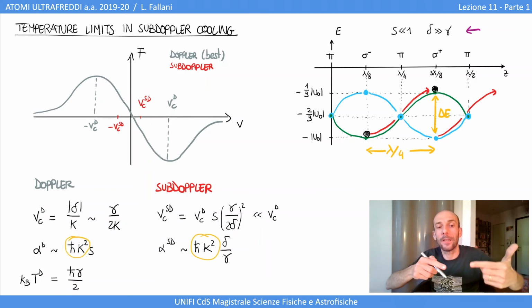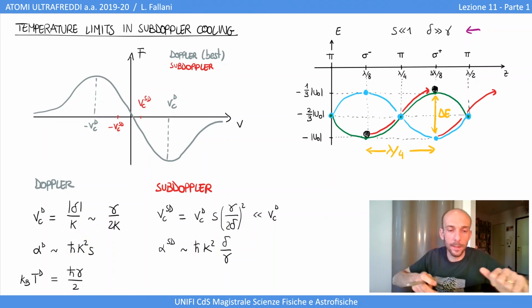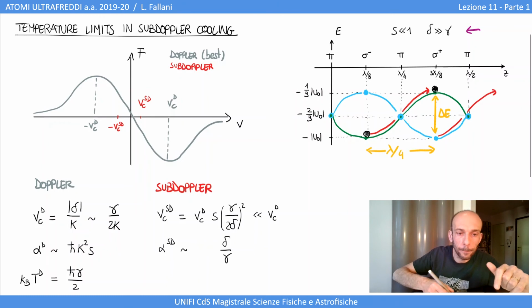So we miss an S factor, and so at the end we can rewrite this expression as h bar k square is alpha Doppler divided by S, and so this will be alpha Doppler times delta divided by gamma, divided by S.